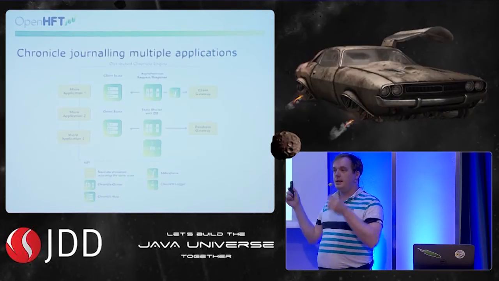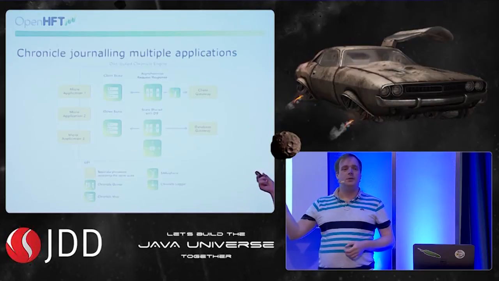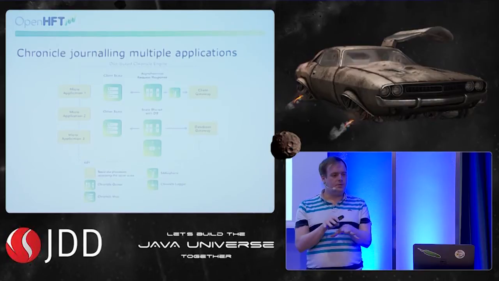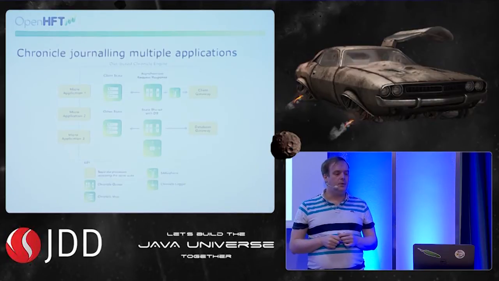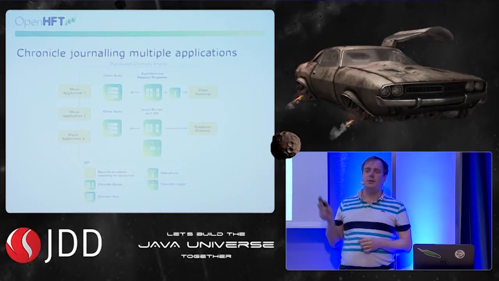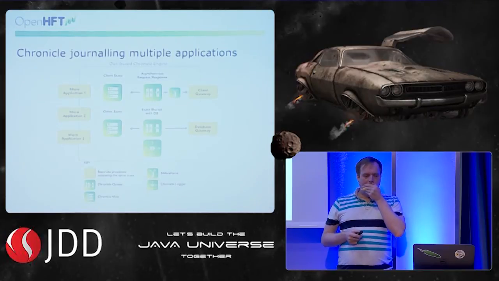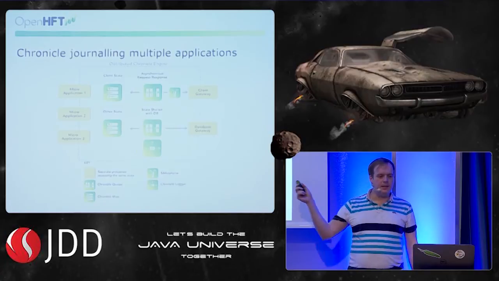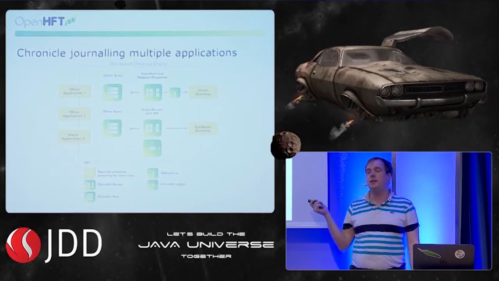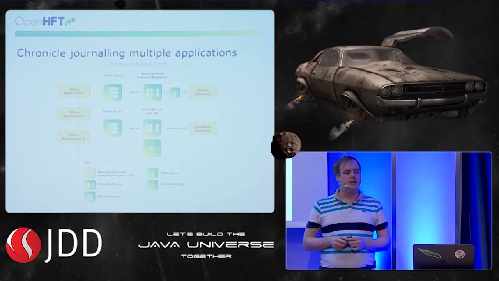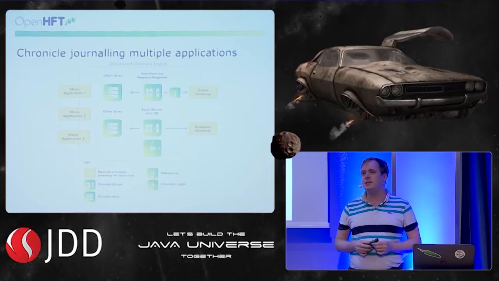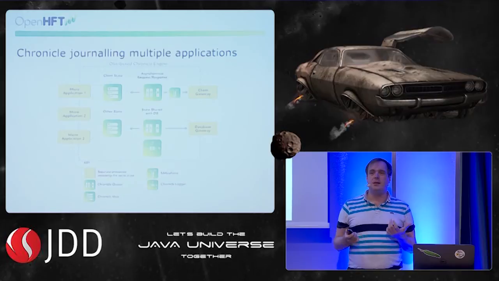So in this case, a client gateway has requests coming in. It can distribute those requests and get that work given out to a number of micro applications. Now these micro applications, because we support replication, can actually be on different machines. But in many cases, with machines getting bigger and bigger, you can run them all on the same machine.